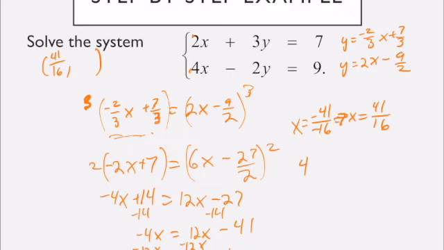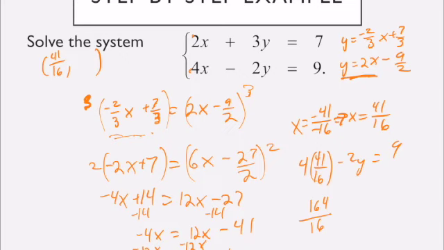Or I could plug it into the ones I'd solve for. But I'm going to take 4 times my x value minus 2y equals 9. Okay, so 4 times 41 over 16, that's going to be 164 over 16. I can simplify that.